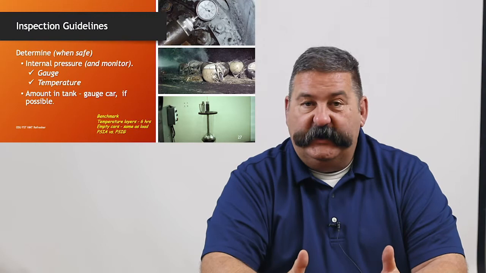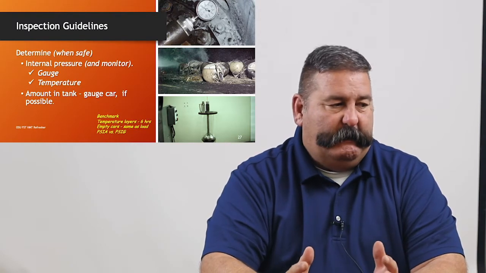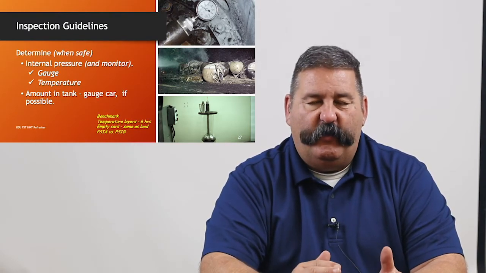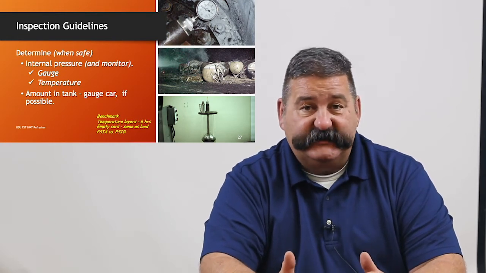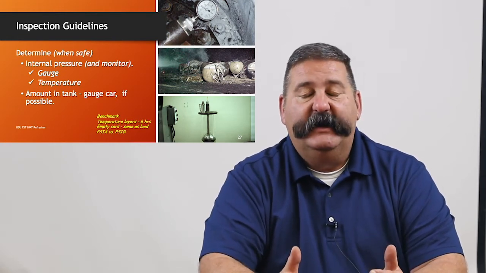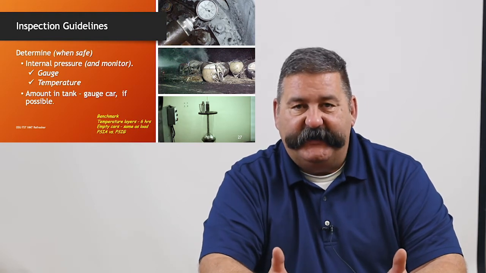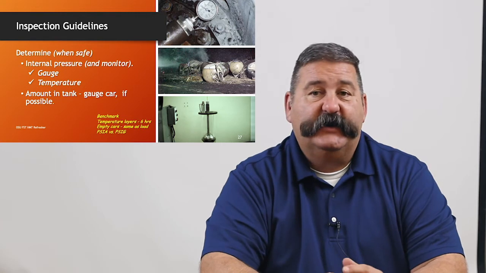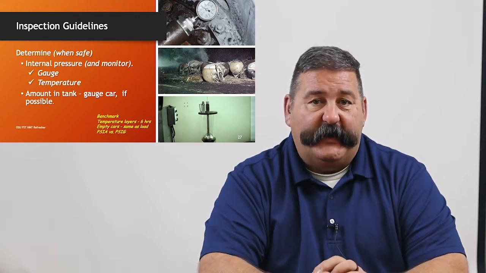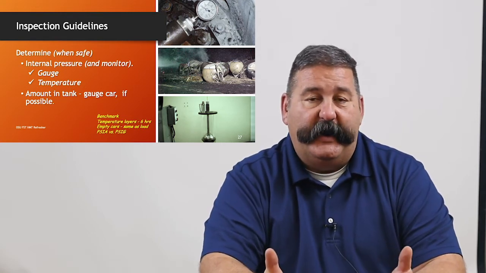Well, again, we got to be able to determine it's safe. We need to know what the internal pressure is for this particular rail car. And I know that most of the hazmat teams out there don't have a gauge that they can put on a rail car to find out what the internal pressure is. So what we're going to have to do is use a little rule of thumb. When we look at that, we find out what the vapor pressure of the product is. And let's just use propane.